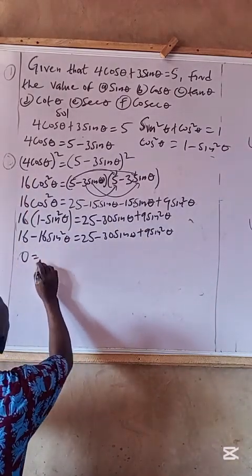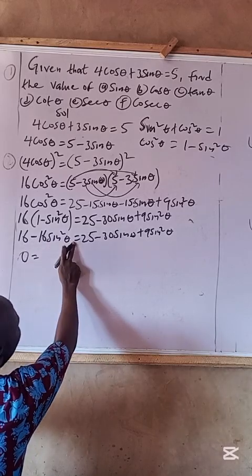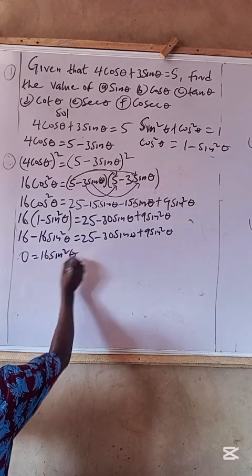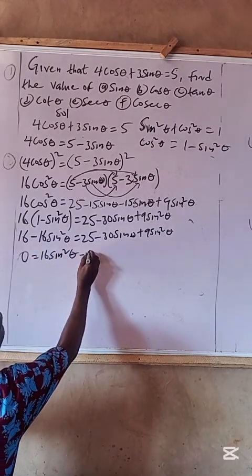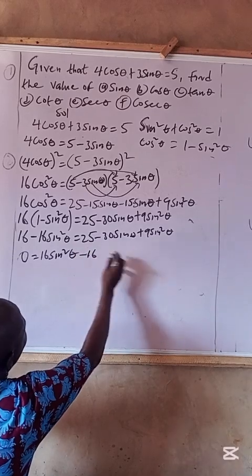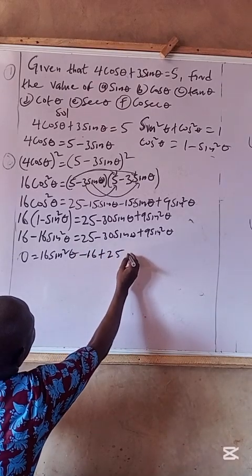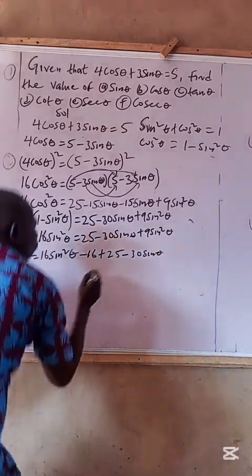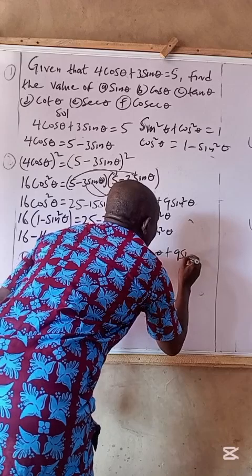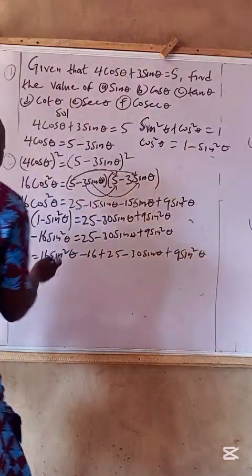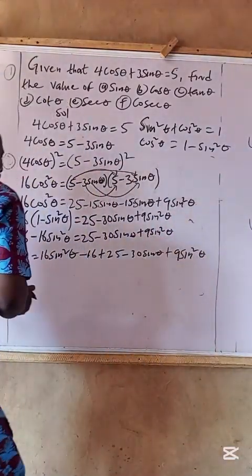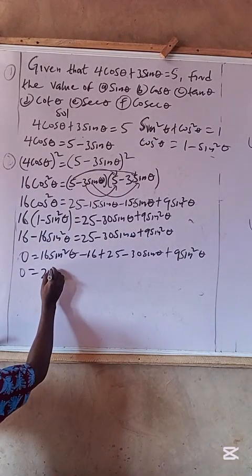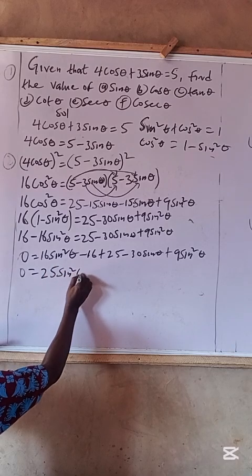This one becomes plus 16 sin square theta when you cross the side. Then 25 minus 30 sin theta plus 9 sin square theta remains. Now this 16 sin square theta plus 9 sin square theta gives us 25 sin square theta.